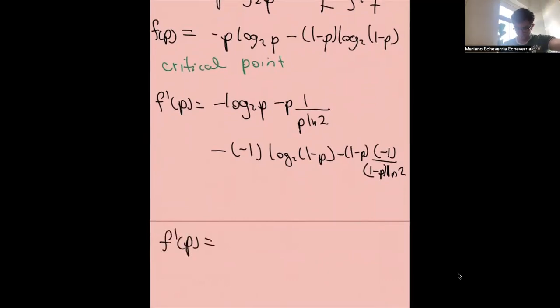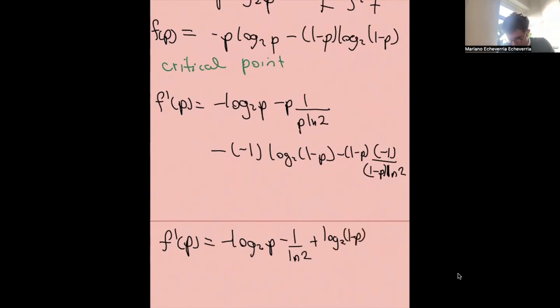So the derivative is minus log base 2 of p. This cancels out, so you get minus 1 over ln of 2. And then you get plus 1 plus log of 1 minus p.